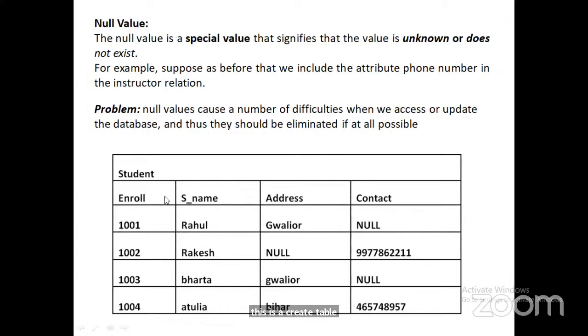Enroll integer. Next comma, student name varchar, you need to give the length, comma address varchar, length you need to give 20 or 25, comma contact integer, and you need to give length. Okay, bracket close, semicolon. You know my syntax, right?